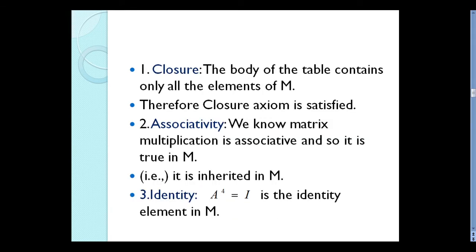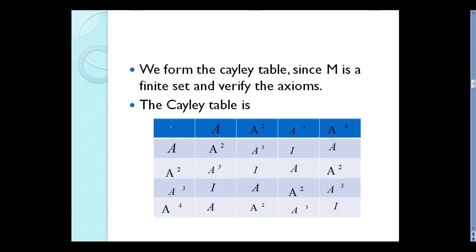Now we have to find the identity element. Which is the identity element in the table? When you multiply A with some element E, A into E must be equal to A. So A into A cube is equal to I. A into E should give the same value.